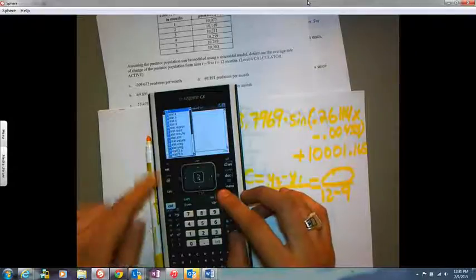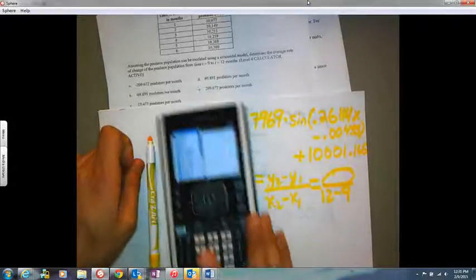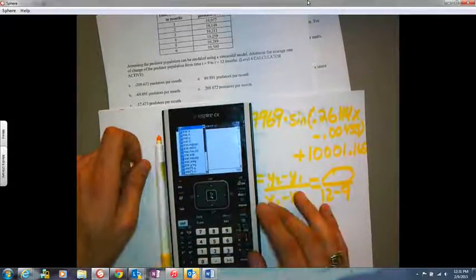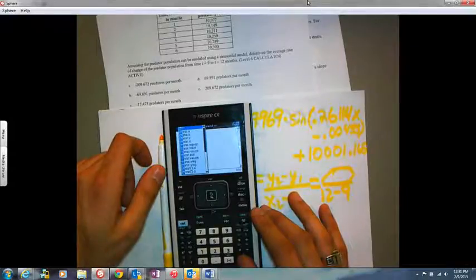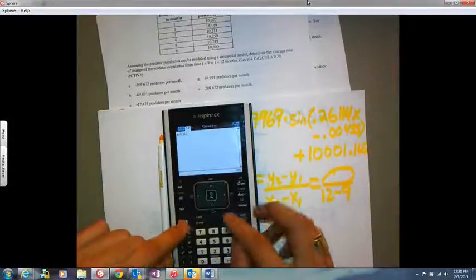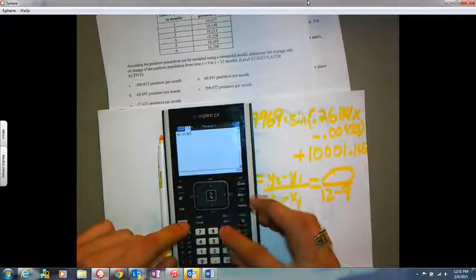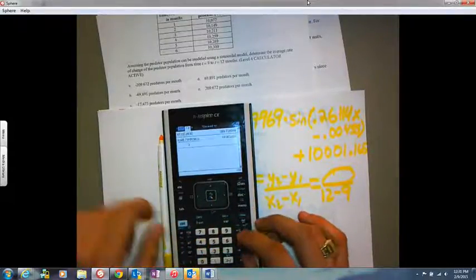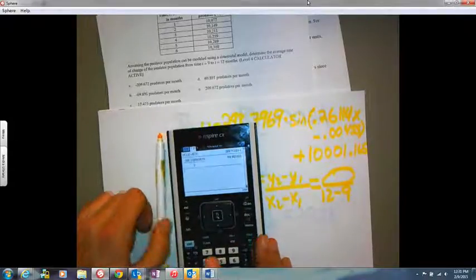The calculator automatically saves that equation as f1. So we want f12 minus f9 divided by 3, so it's negative 69.905, clearly closest to answer choice B.